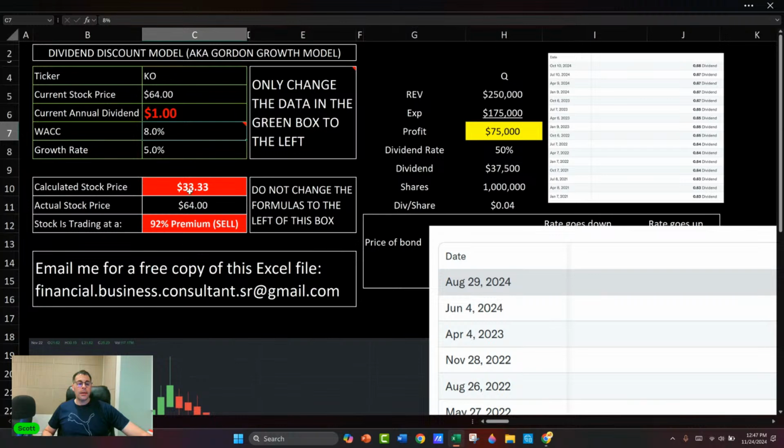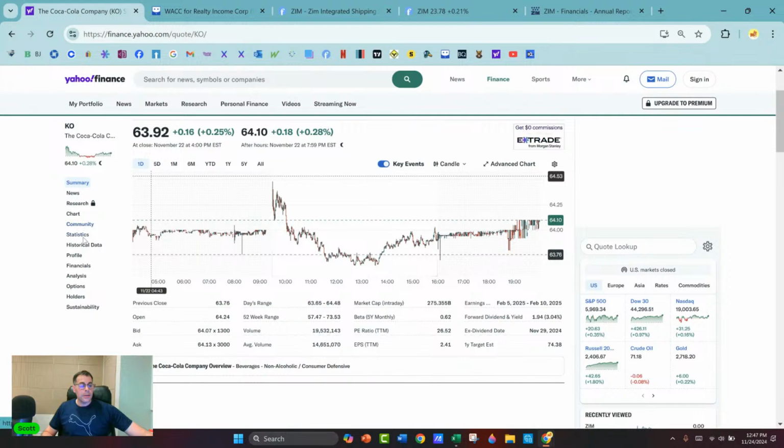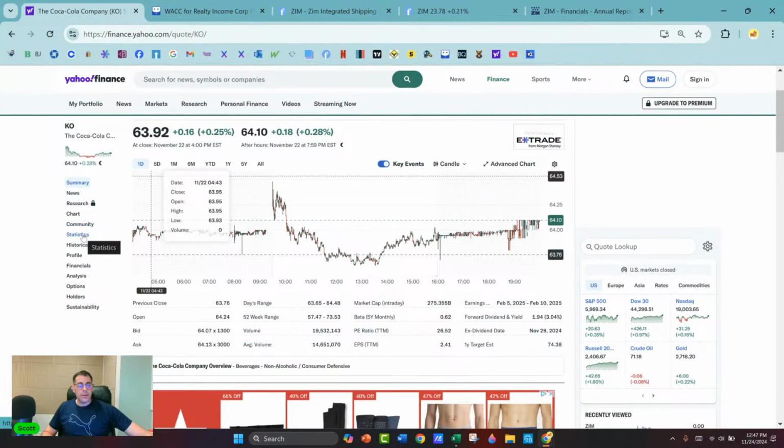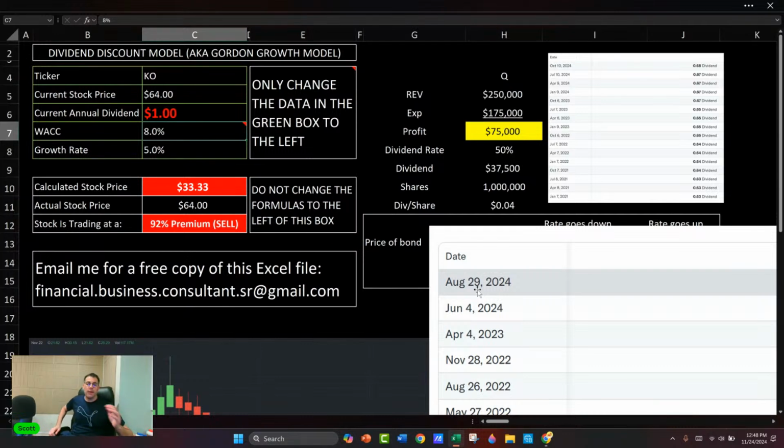So if, for example, say Coca-Cola paid a $1 dividend and it says the stock's worth $33, that's when I said you should look at the payout ratio. Does anybody know a company that pays not a huge dividend, but not an NVIDIA dividend, like a normal dividend, maybe 20% of their payout?